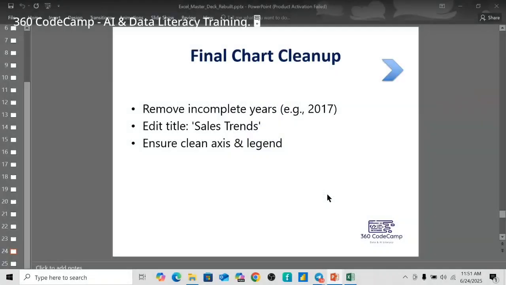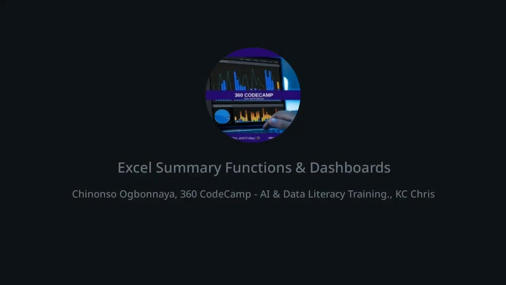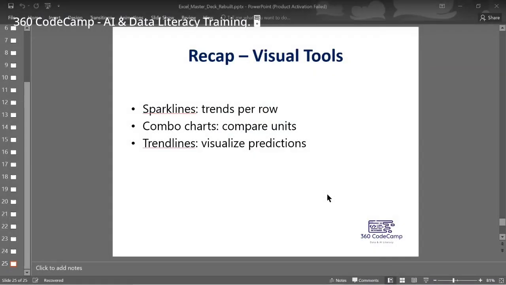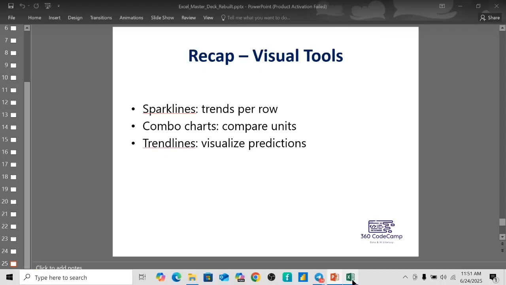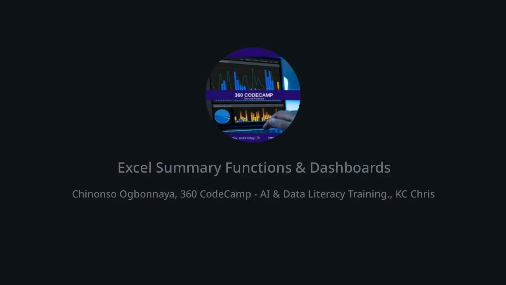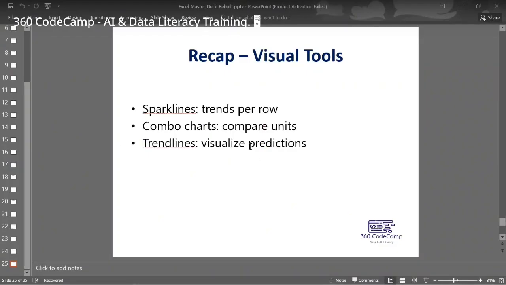This is the Sparkline; we are able to find the trends per row or per year, depending on the information. Also the combo chart that compares the units, and the trend line visual that we use to predict, or in other words forecast, the next year. That is what we did here.